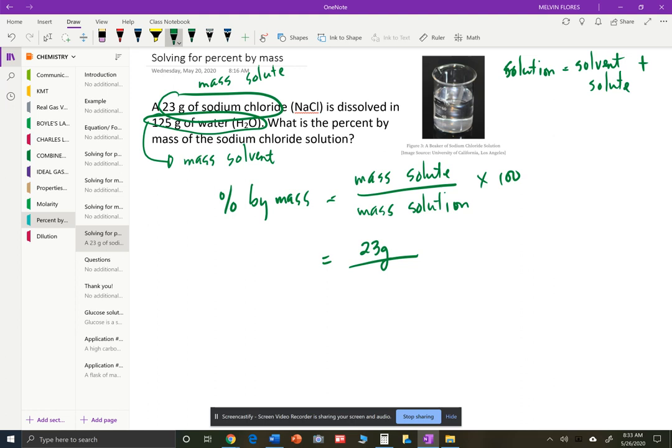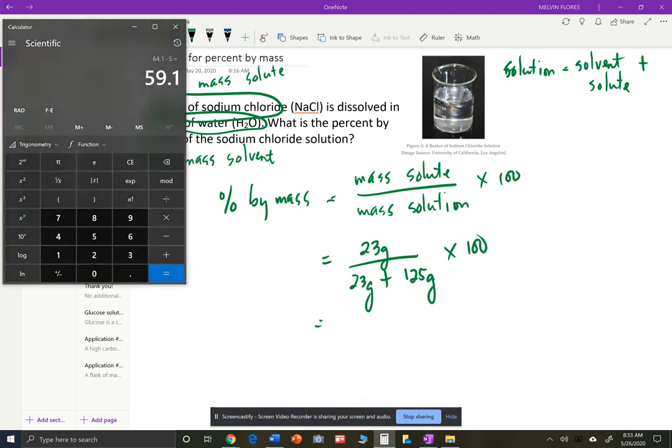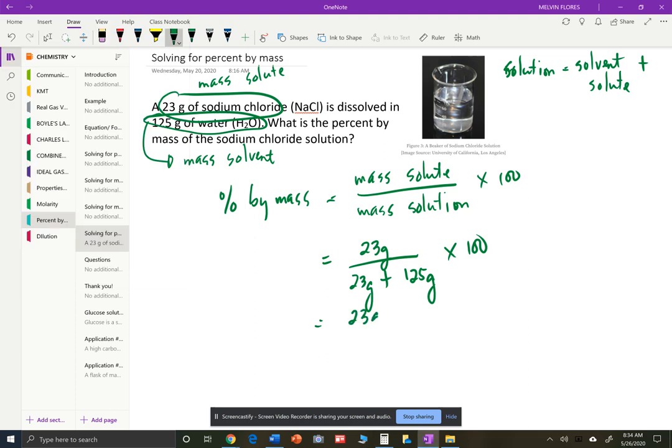So the mass of solute is 23 gram plus the mass of solvent, which is 125 gram, then multiply by 100. 23 plus 125 gives you 148. So 23 gram divided by 148 gram times 100.